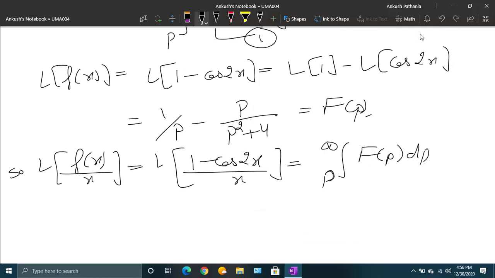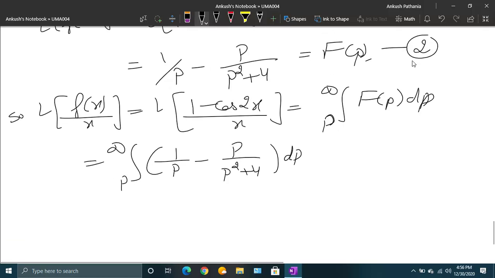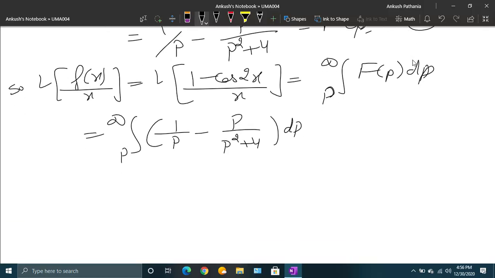This comes out to be the integral p to infinity of Fp that we have found, that is 1 upon p minus p upon p square plus 4 dp.